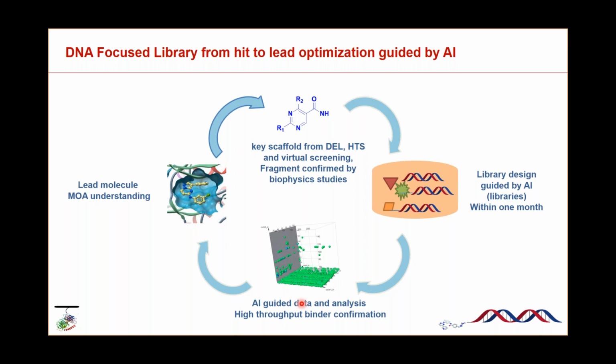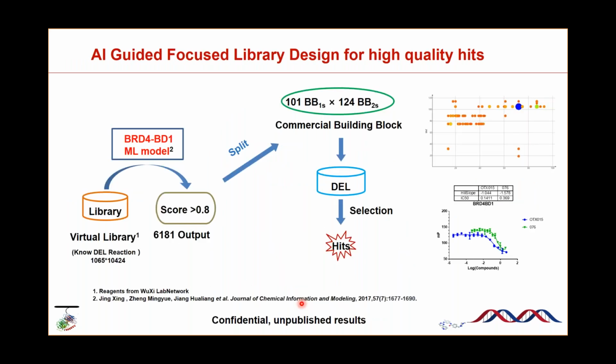And we have done a very simple application of this concept. We used a model developed by my colleagues at my institution. They developed an AI model for the BRD4 target using data published in the literature.